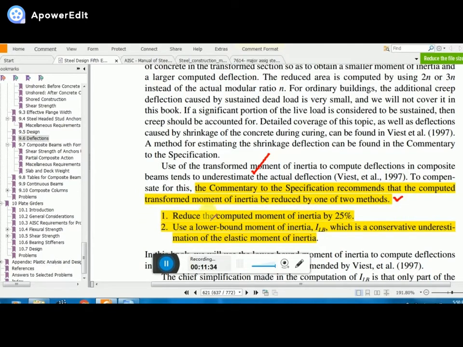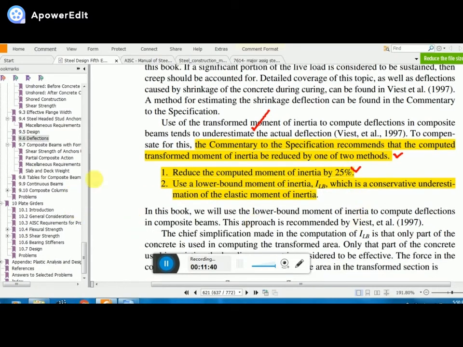We calculate our transformed moment of inertia and reduce it by 25%. Whatever value you got for I_TR, the transformed moment of inertia, you reduce this value by 25%. This means that to overestimate the deflection, or alternatively we can use the lower bound moment of inertia.